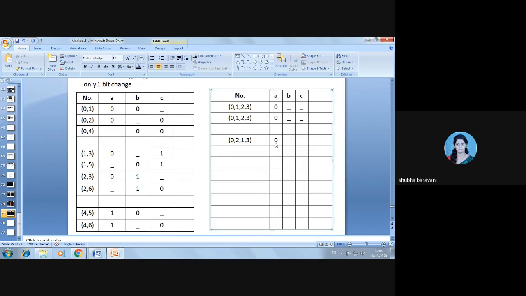See, it can be done, but again it will be same as what I already did above. Okay, 0 1 2 3 only. Next 0 2 I have to compare with 1 5. 0 2 is this, 1 5 is this. Is it possible?